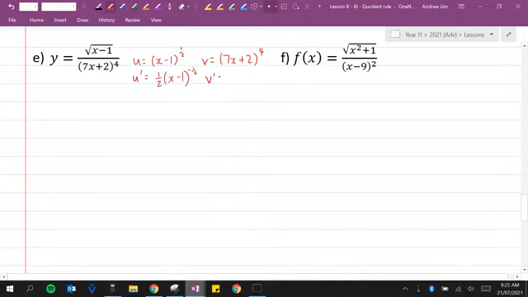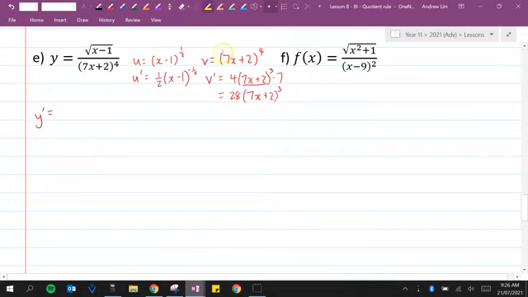V dash is equal to 4 brackets (7x plus 2) cubed. Again, we need to use the chain rule, times the derivative of what's inside the brackets, which is 7. And that gives us 28 brackets (7x plus 2) cubed. Now when we write this out, when we differentiate this, we get y dash is equal to vu dash.